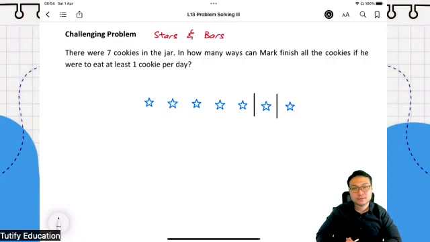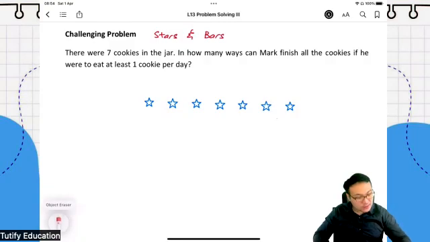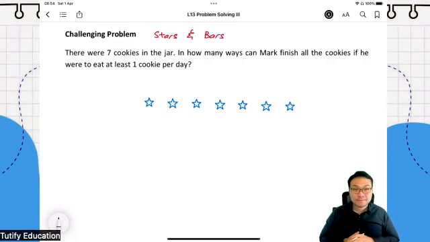First day you ate 5, and then second day you ate 1, and then third day you ate 1. Very good. Zachary, am I allowed to draw my bar, am I allowed to not draw any bars? Yes. What does it mean if I don't draw any bars? Eat 7 cookies in 1 day. That means yes, I eat 7 cookies in 1 day.